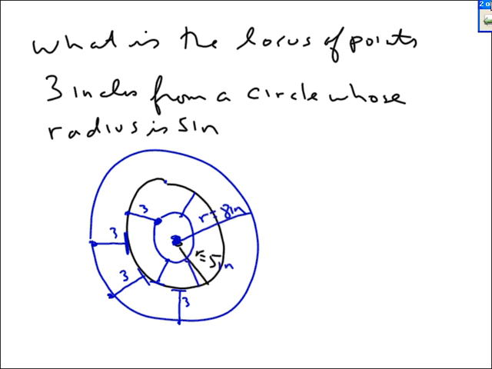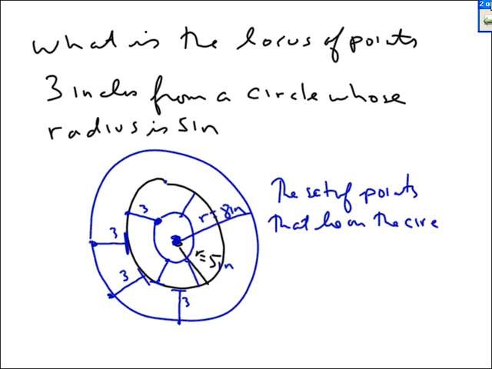Okay, so the answer is, it's the set of points that lie on the circles whose radii are 8 and 2 inches. So argue why it's 2 inches.